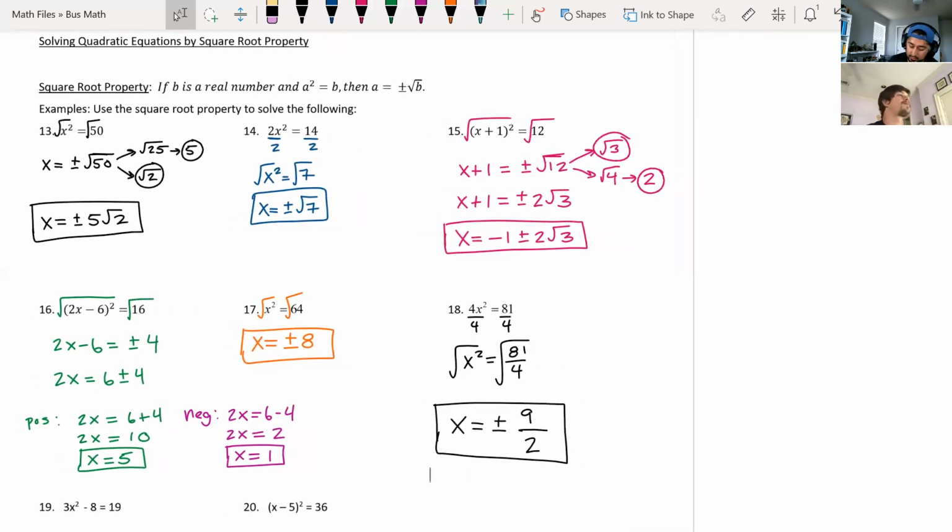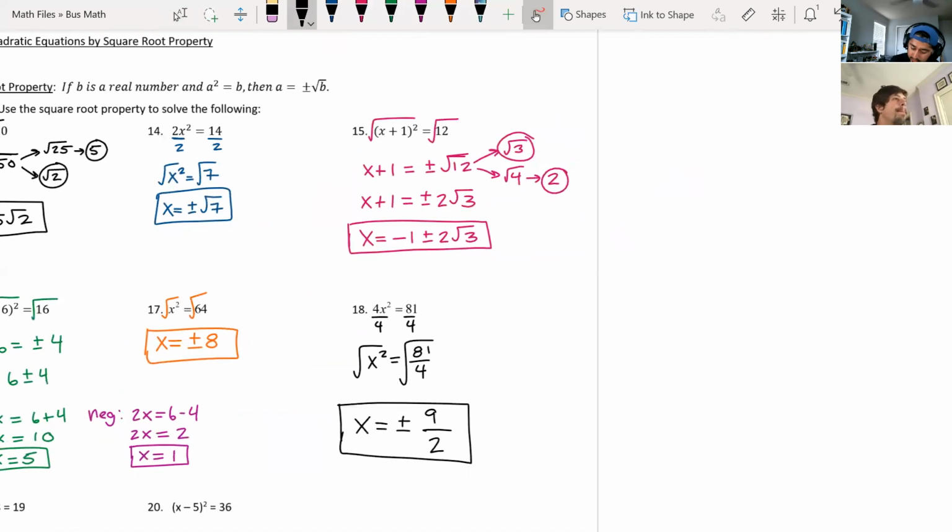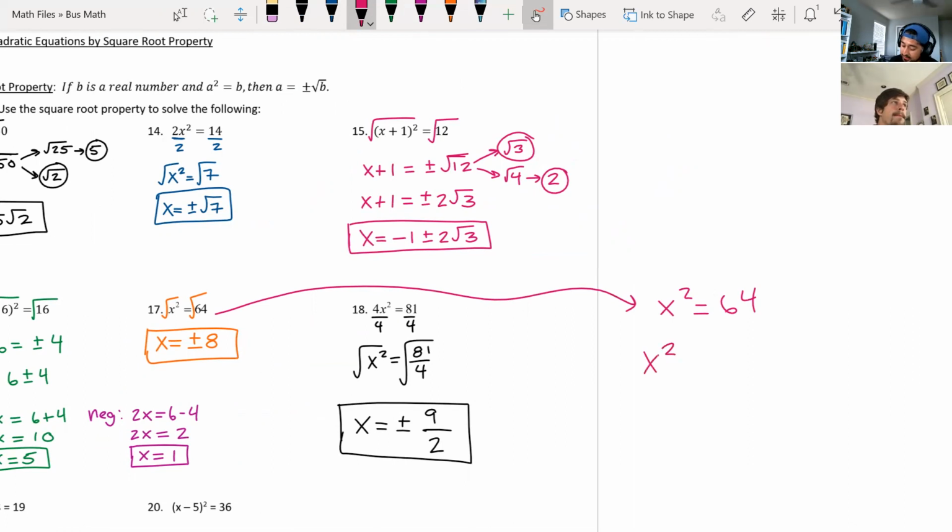All right. Also, just a tiny side note, since we're trucking through these, look at number 17. So x squared equals 64. Remember, this is math, so there's multiple ways to solve things. I can take this 64 and move it to the left side. I can make this x squared minus 64 equal to 0, which becomes a difference of two squares, which will factor to x plus 8, x minus 8 equal to 0.